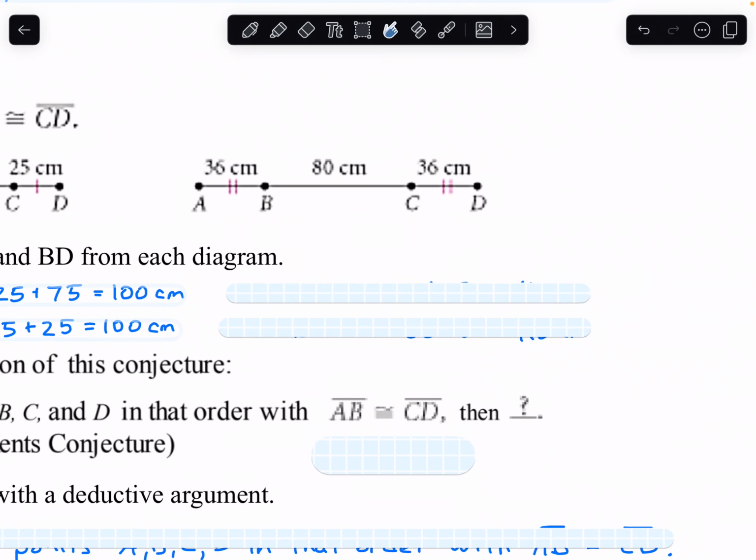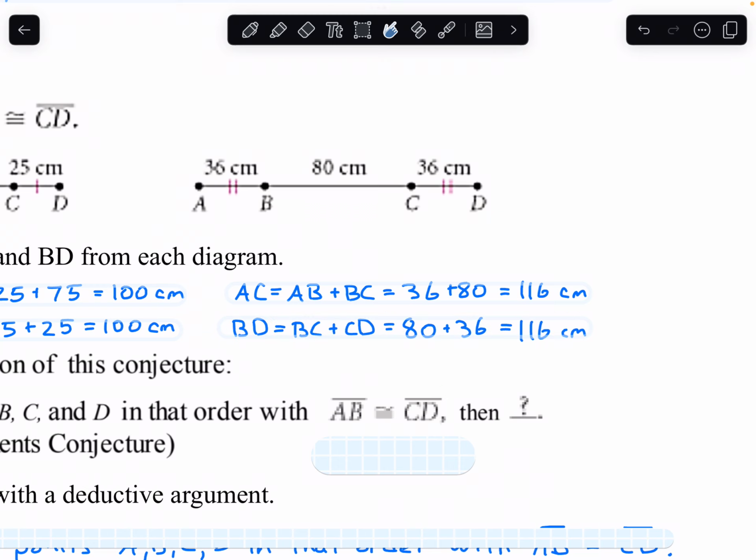On the right side diagram, segment AC, that length will be A to B plus B to C, so 36 plus 80 more equals 116 centimeters. And BD is BC plus CD, is 80 plus 36 is 116 centimeters.